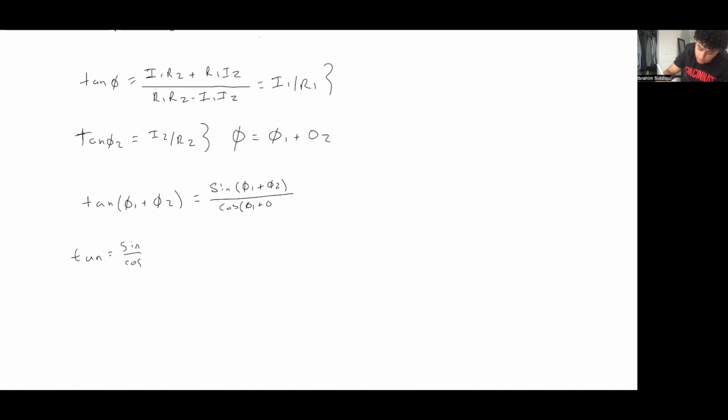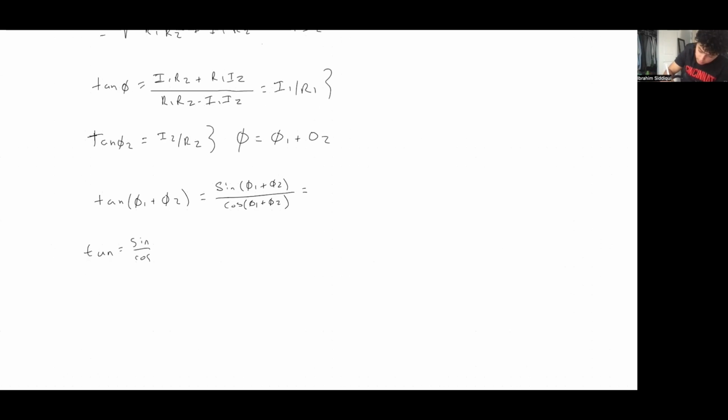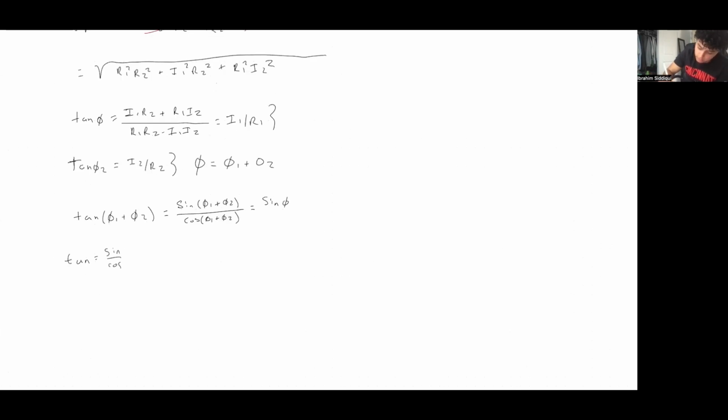Okay, so expanding this out, we want to essentially use trig identities and expand all of this out. What we'll get is sine phi 1 times cosine phi 2 plus sine phi 2 multiplied by cosine phi 1, and this will be over cosine phi 1 cosine phi 2 minus sine phi 1 sine phi 2.